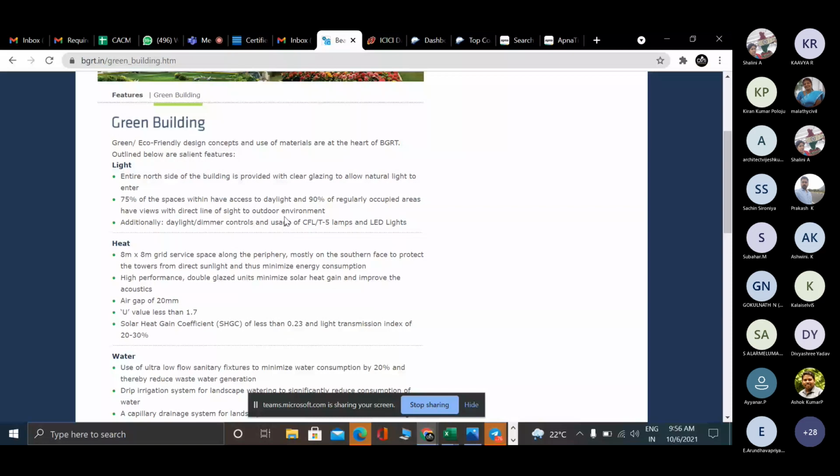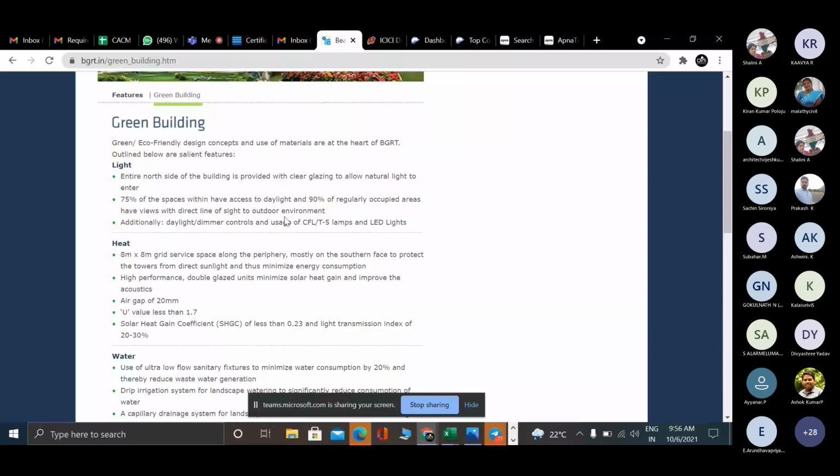In the planning stage itself, they included all the green building aspects in their design, so they can easily construct these features. And they had a plan to get the certification, and continuously for the past 10 plus years it is a green certified, energy certified building.